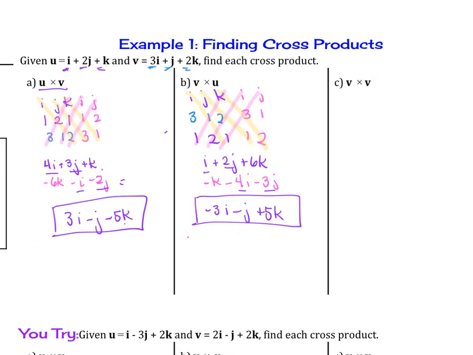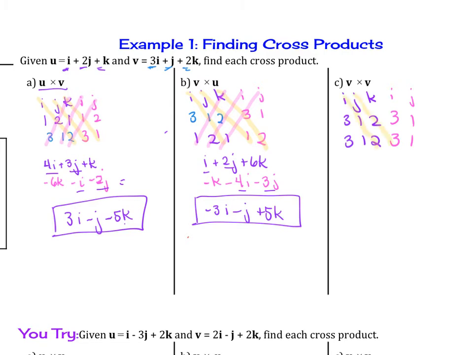Last, we have v times v. Again, i, j, k. v is 3, 1, 2, and then v again is 3, 1, 2. Then we rewrite the columns: i, 3, 3, j, 1, 1.